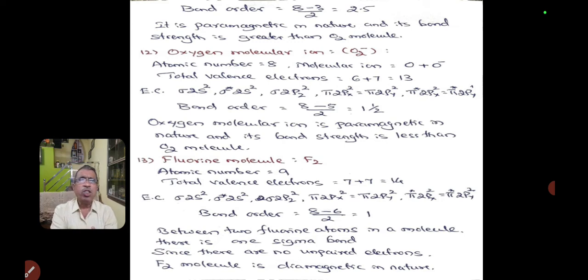Similarly, we take the oxygen molecular ion O2 minus. This O2 minus is formed by the combination of an oxygen atom and an oxygen ion in a negative state. Here the total number of electrons will be 6 plus 7 equal to 13, and the molecular electronic configuration becomes sigma 2s2, sigma star 2s2, sigma 2pz2, pi 2px2 equal to pi 2py2, pi star 2px2 equal to pi star 2py1.